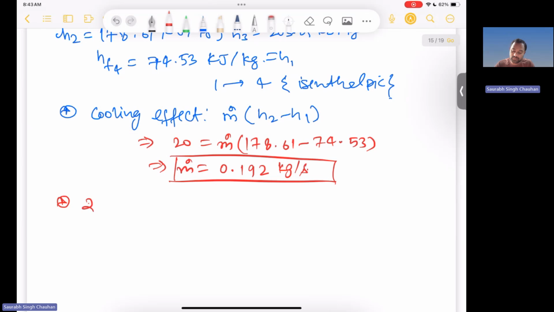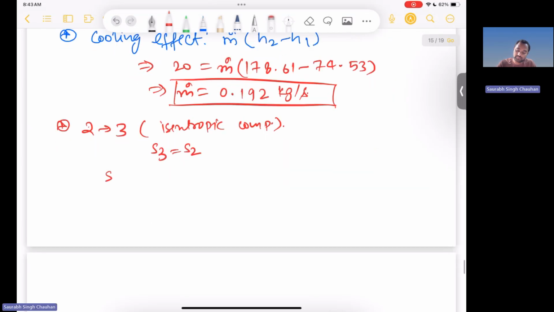We also know that 2 to 3 is isentropic compression. So S3 will be equal to S2. And from your basic thermodynamics, you know this relation.